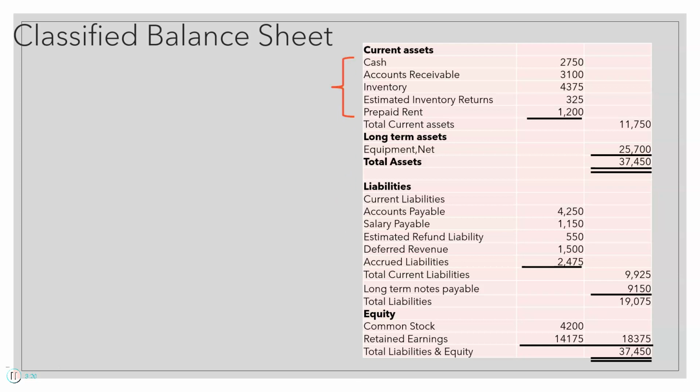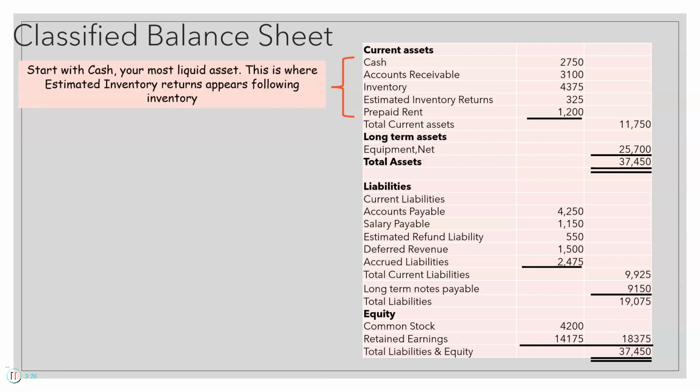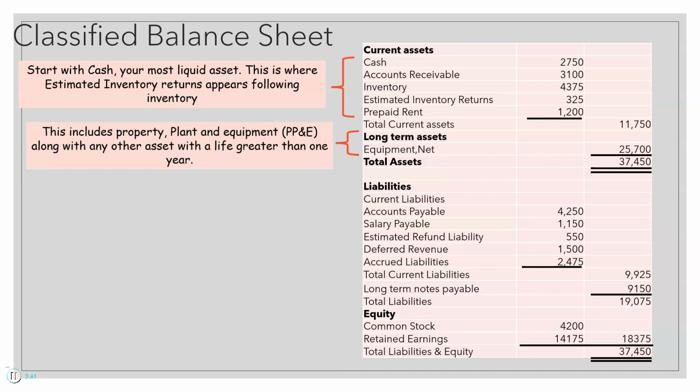We would start with our cash and end with our prepaid rent. And that would give us our current assets, and this is also where estimated inventory returns appear. And remember, it follows inventory. Then we would list our long-term assets, including PP&E.